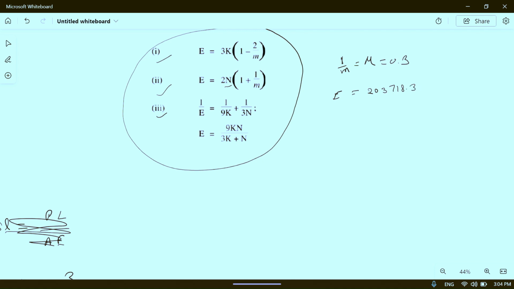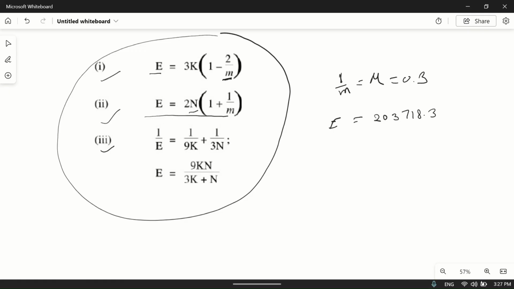If you put the value of E and 1 by m here, you can find the value of K, which is the bulk modulus. And if you put the value of 1 by m and E here, you can find the value of n, the modulus of rigidity. So let's first solve this.